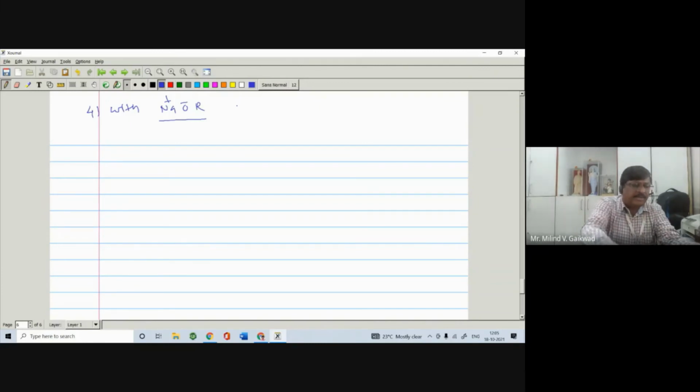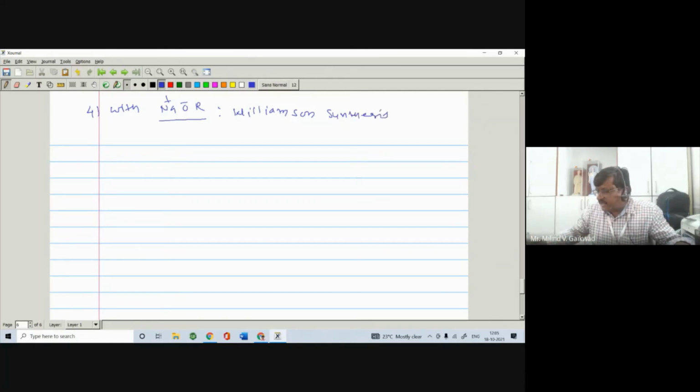It is one of the name reactions, Williamson synthesis. So here alkyl halide RX reacts with sodium alkoxide, right?